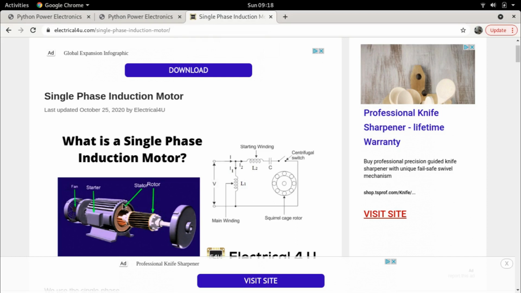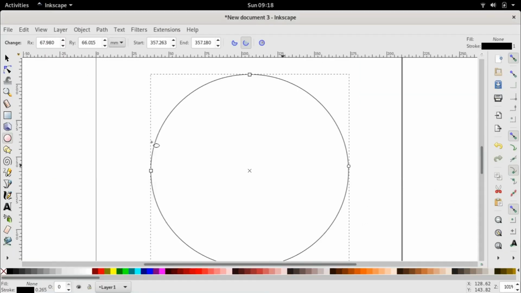So basically the stator consists of these two concentric circles. So let me draw that. Or rather, the cross section consists of these two concentric circles.